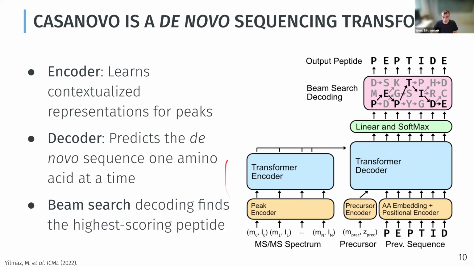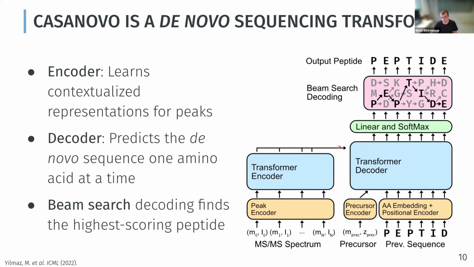Yeah. So the encoder always gets a fixed number of tokens as input. So this is maximum 100 peaks. If the spectrum has fewer peaks, then there's just some zero padding. And that then learns a latent representation, right? So this is just a 768 dimensional representation of our mass spectrum that was used as input.